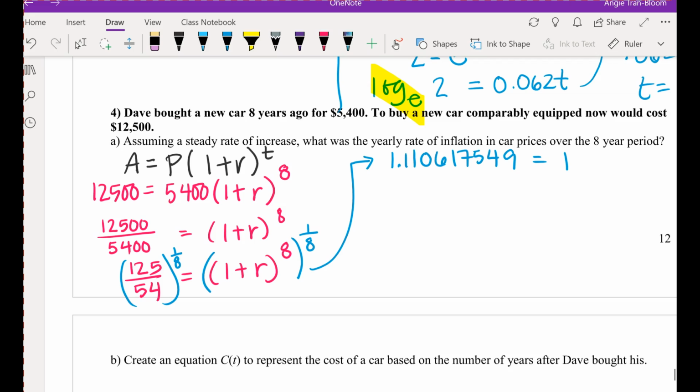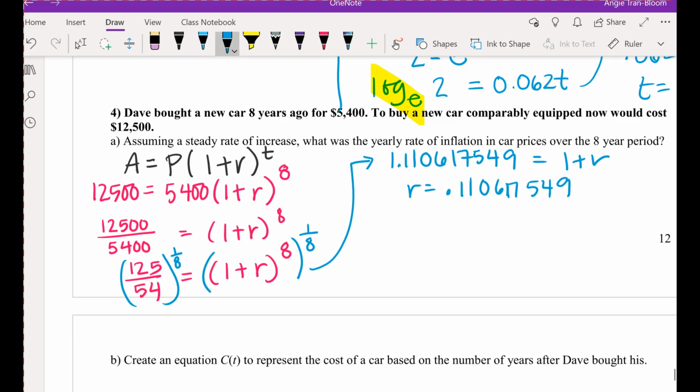Someone confirm that value for me. Yes. Okay. I'm going to solve for r. So now we are going to subtract both sides by? Oh no. So 0.11067549. Oh, thank you. Good eye, Rex.